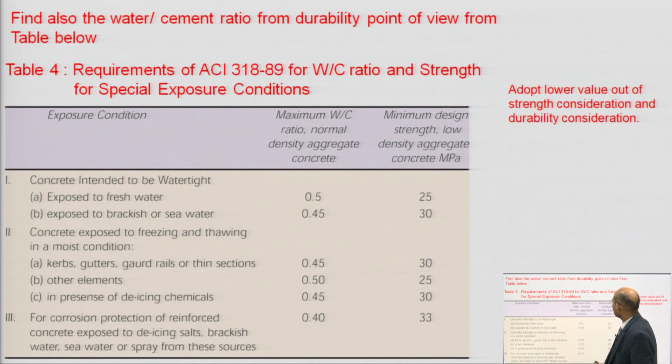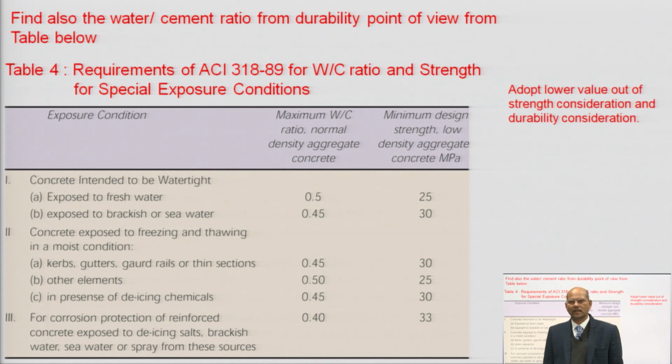Once again, as you have determined the water cement ratio from a strength point of view, then we have to decide from durability requirements, a special exposure condition. In the American ACI code they have 3 conditions, 1, 2, 3, and in our Indian Standard we have 5 exposure conditions: mild, moderate, severe, very severe and extreme.